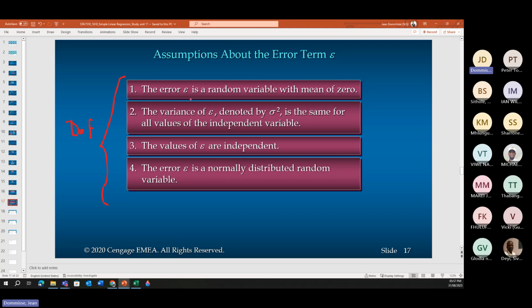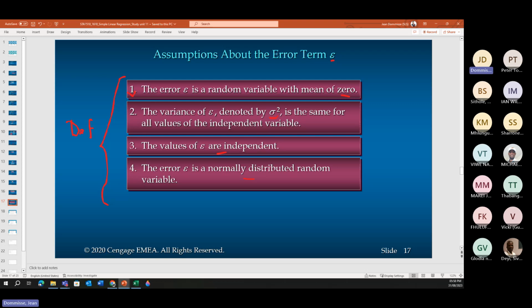So the things that, again, please don't memorize, we have it. So the error is a random variable with mean of 0. So when you take a mean of your error values, it will always be equal to 0. The variance of that error term will be denoted by the variance sign. The values of E are independent, so they don't influence one another. And then the error E is normally distributed.